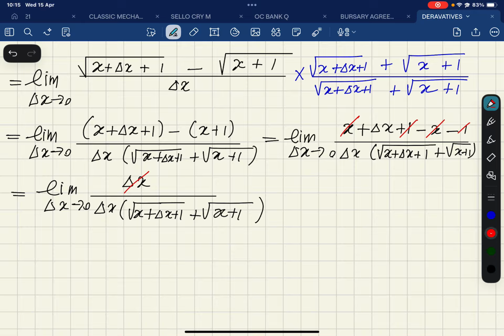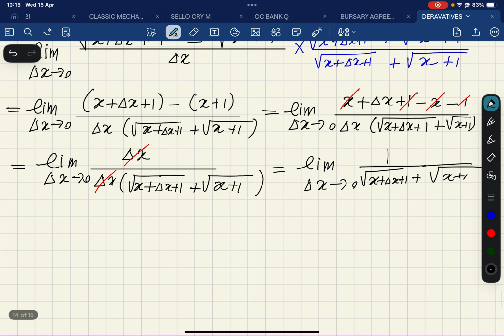If you check, the change in x cancels, so we remain with the limit as change in x approaches 0 of 1 over the square root of x plus change in x plus 1 plus the square root of x plus 1. Then from there we substitute our 0.